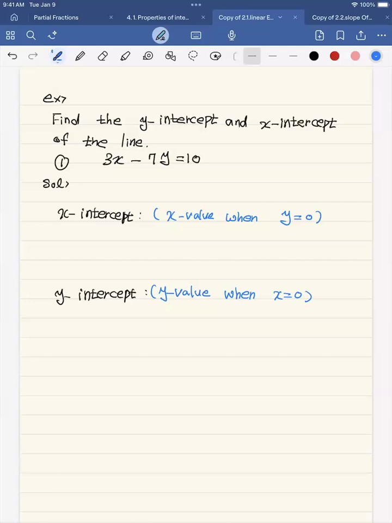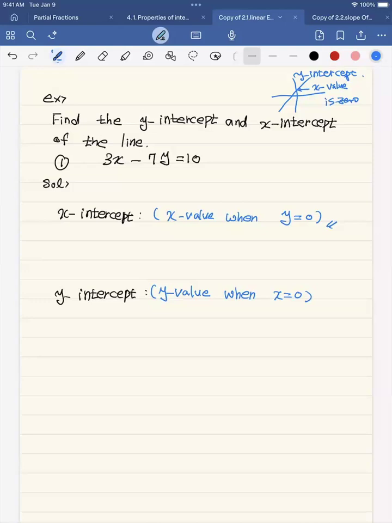Find the y-intercept and x-intercept of the line. We don't know what the graph looks like, but the x-intercept is where the y value is 0, as it is written here.